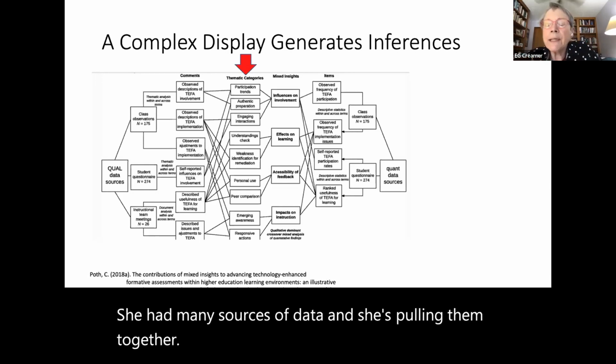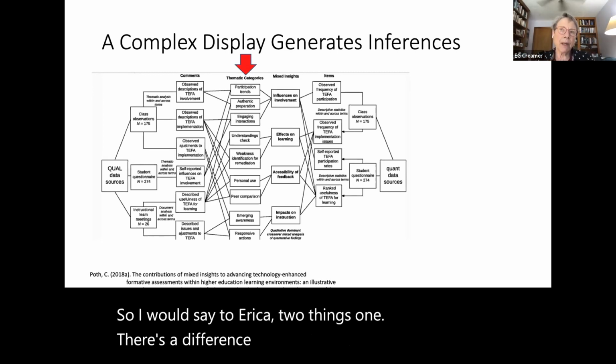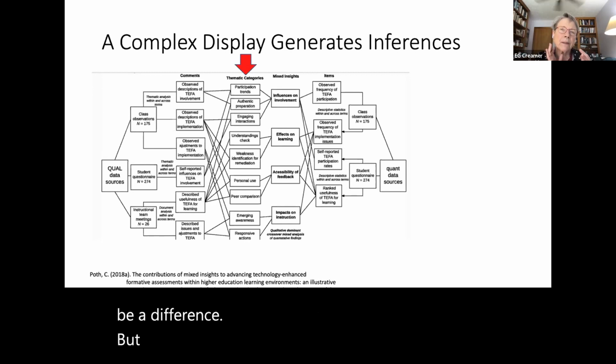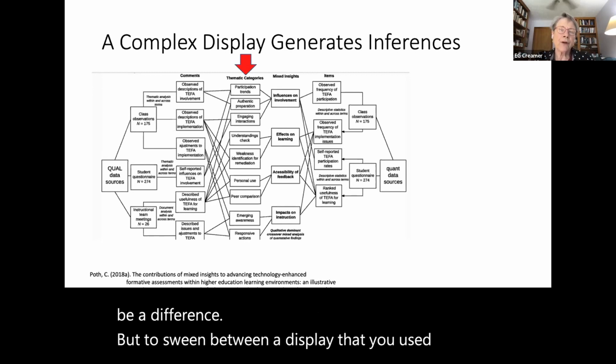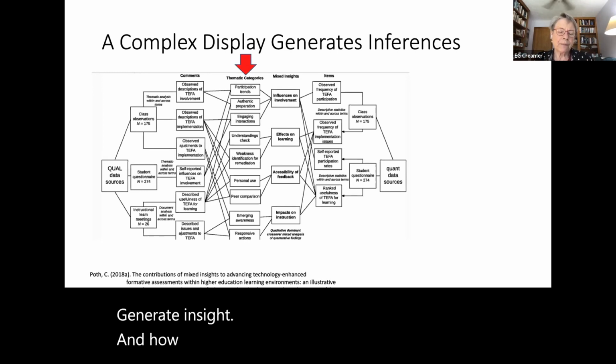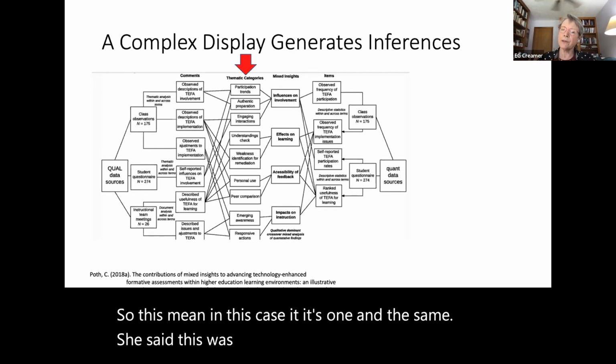So I would say to Erica, two things. One, there can be a difference between a display that you use to generate insight and how you report it. So in this case, it's one and the same. As I said, this was a team project.